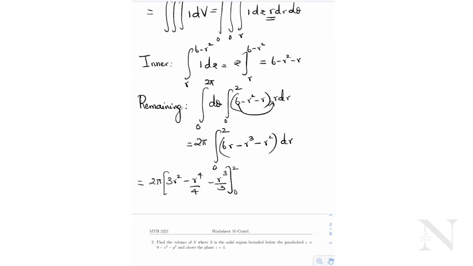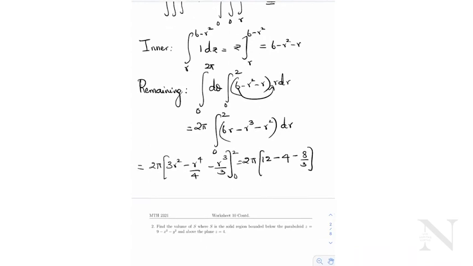And plug in the limits. Luckily, the lower limit is 0, so we only have to worry about the upper one. So it's going to be 2 pi times 2 square is 4, 4 times 3 is 12, minus 2 to the 4 is 16, over 4 is 4, minus 8 over 3.